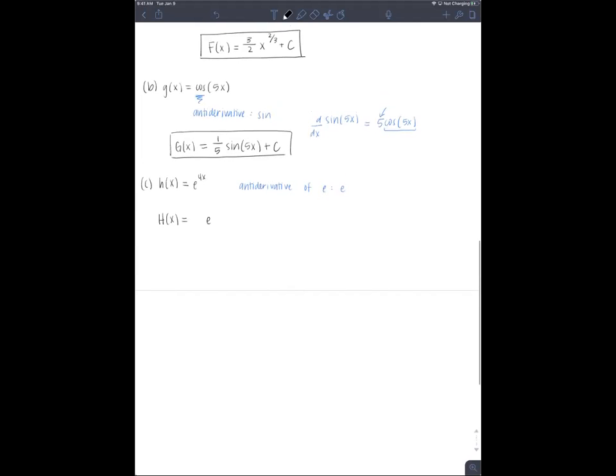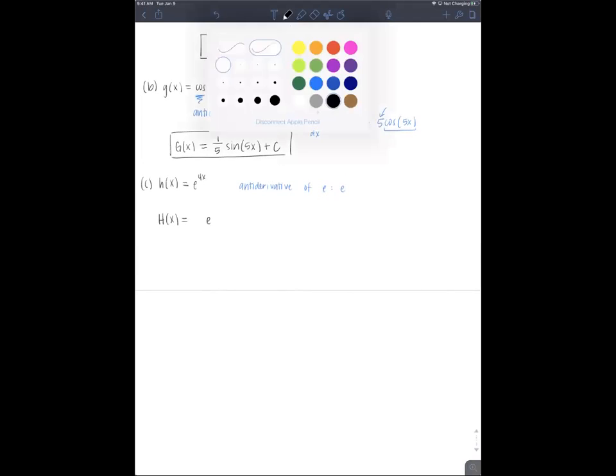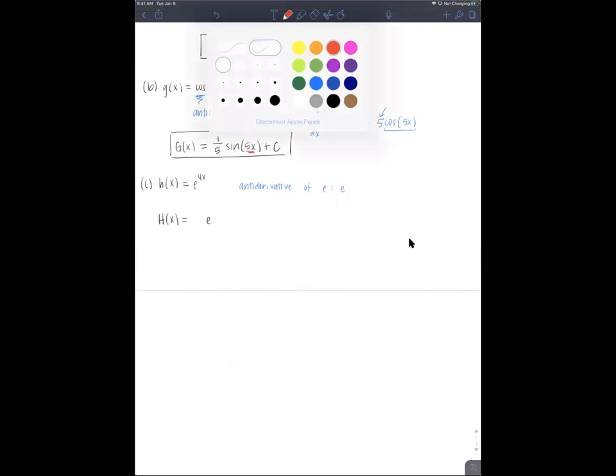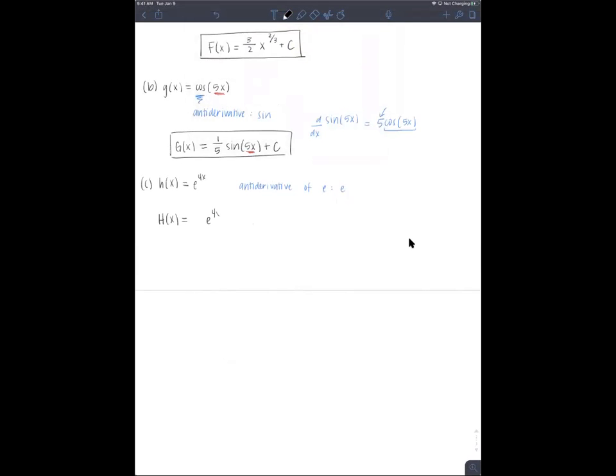Same kind of argument for why the inside stayed the same right here. What should happen to my inside? Yeah, 4x, right? Because if you take the derivative of e to the 4x, you get e to the 4x in there.